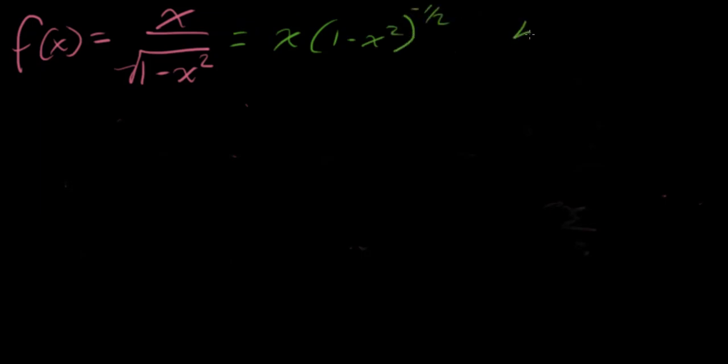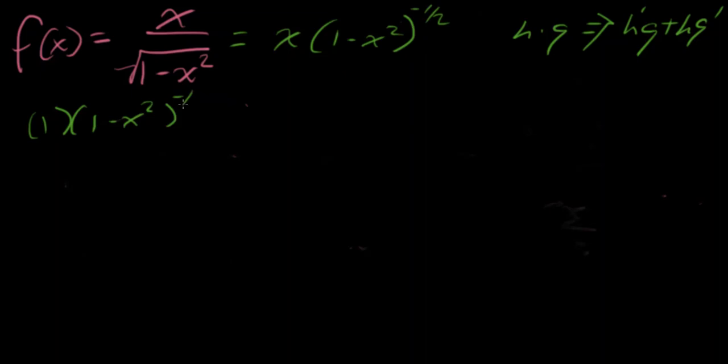So this is now h times g, and its derivative, as we said before, was h prime g plus h g prime. So let's take its derivative. Derivative of x, just a 1, nice and easy, times the original, 1 minus x squared to the negative 1/2. Now we're going to add that to h times g prime, so here's h. But now what's g prime?